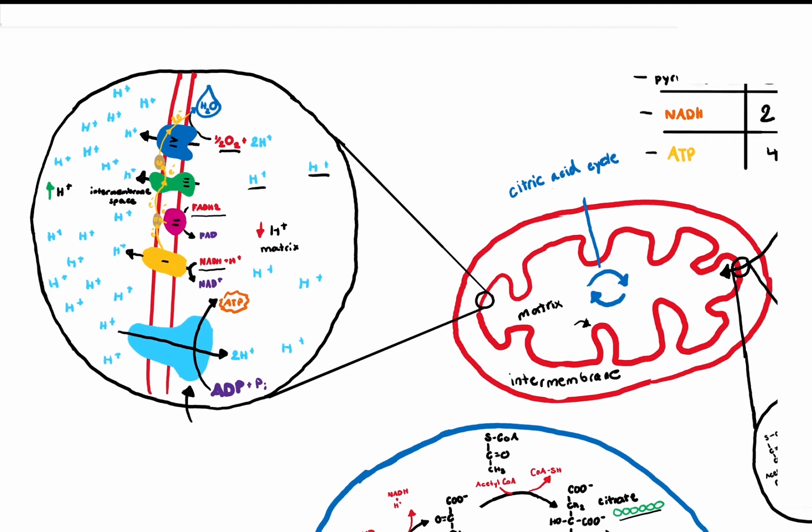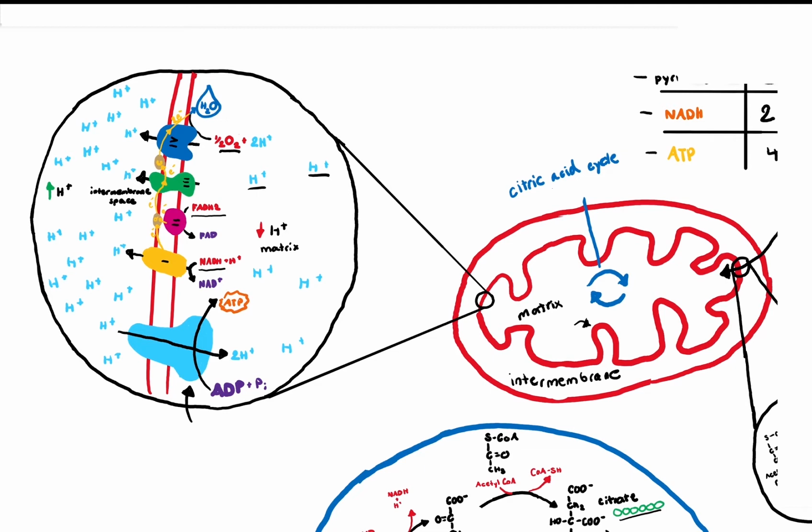And as you can see, when NADH, which is an electron carrier, donates its electron, and as it goes through the electron transport chain, we have a production of a gradient, and this gradient stores potential energy that is finally used by ATP synthase to produce ATP.